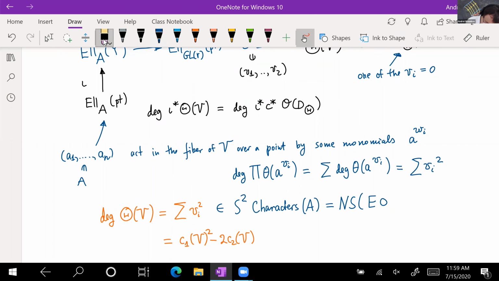Well, maybe not equal, maybe it's contained in that.